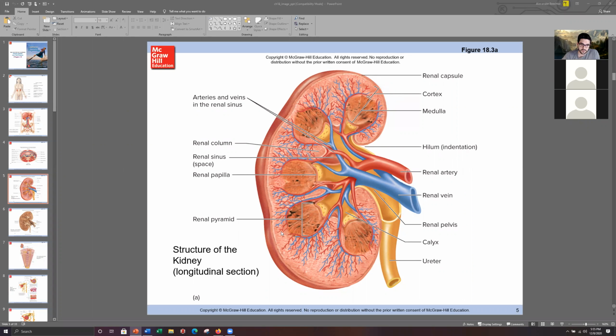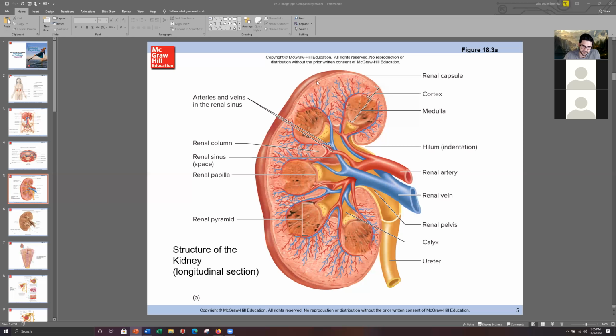So any sorts of salts or nitrogenous waste or anything that we need to excrete and get out of our body. It can sometimes not even be things like nitrogenous waste or salts. It could just be water, depending on how hydrated we are, right? So the cortex houses some of the functional units of the nephron. It also has a rich network of arteries and veins that we'll look at here in a little bit.